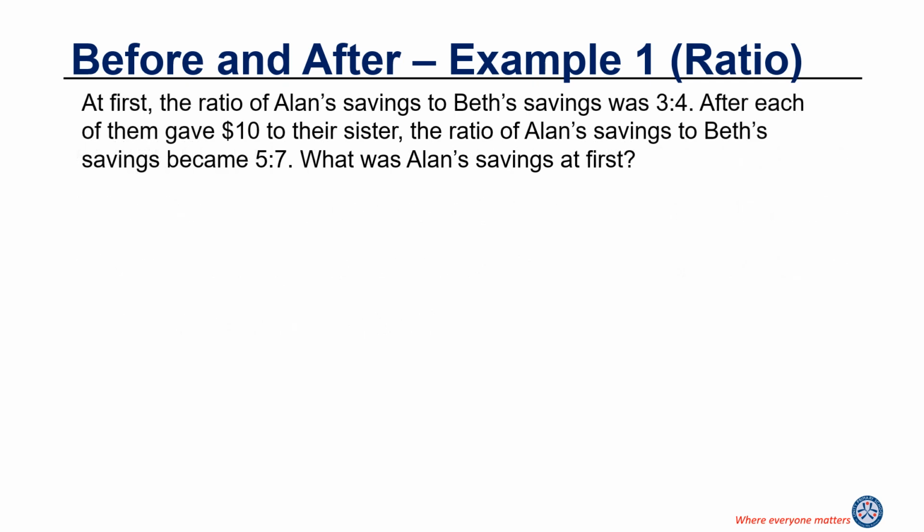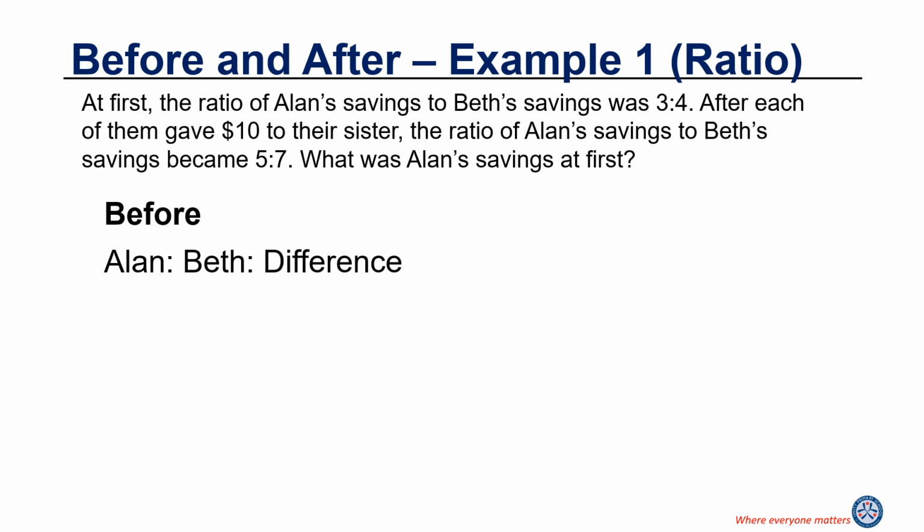We can use model drawing to help us solve this question, but it is not necessary to do so. Since Alan and Beth both gave away the same amount of money to their sister, the difference between Alan's and Beth's savings remains the same. For the before situation, the ratio of Alan's savings to Beth's savings was 3 to 4.